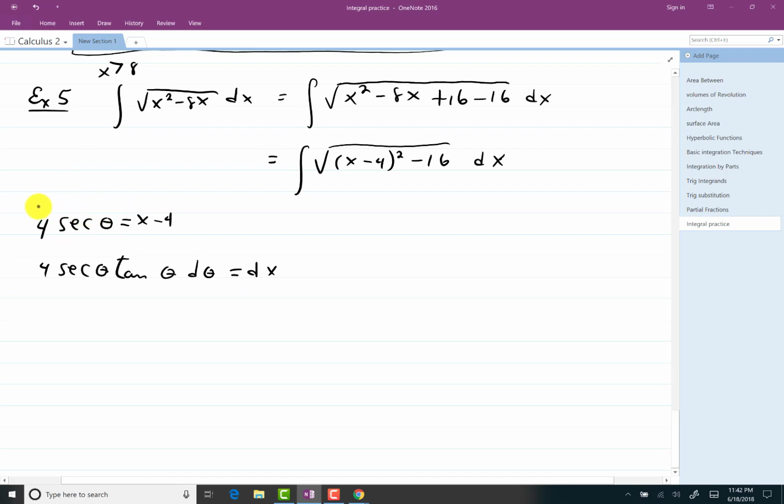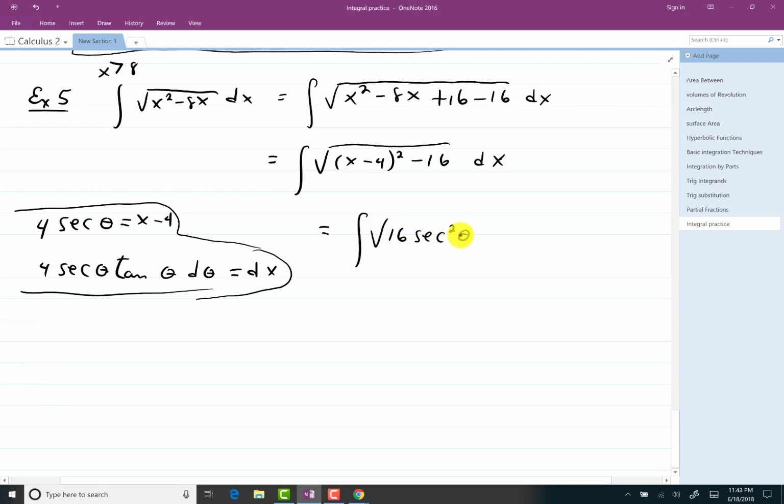All right, let me go ahead and put the next steps in there. You've got to be careful about when you make a substitution. Make sure that its range matches up. So in place of x minus 4 squared, I'll get 16 secant squared theta minus 16. And then dx will be 4 secant theta tangent theta d theta.